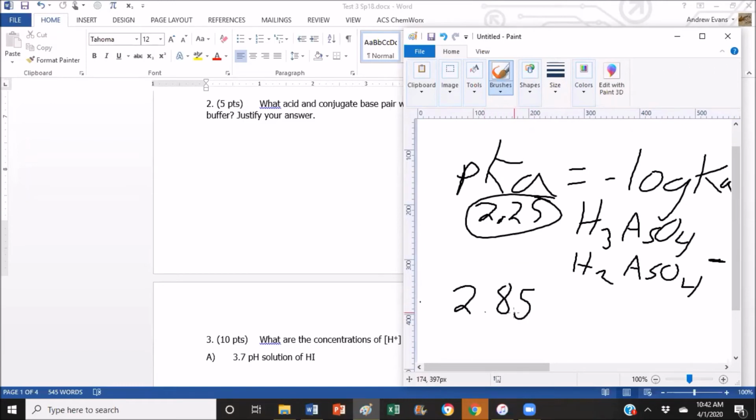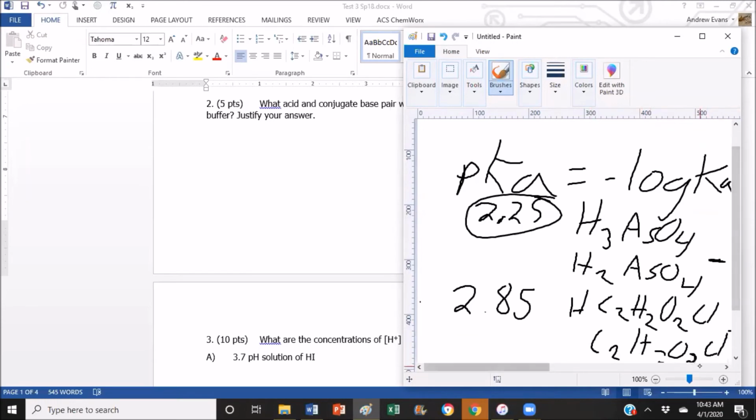So chloroacetic acid is ugly, but we can do HC2H2O2Cl and then C2H2O2Cl minus 1.